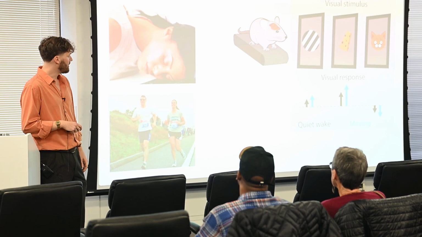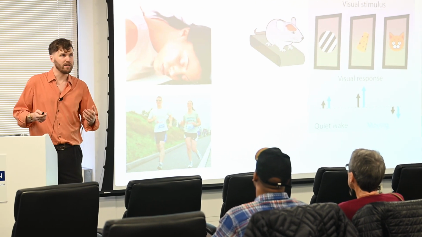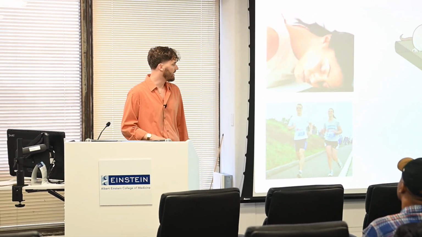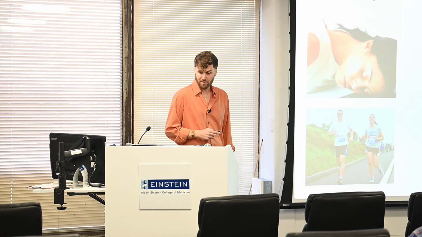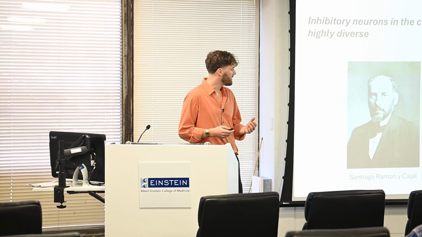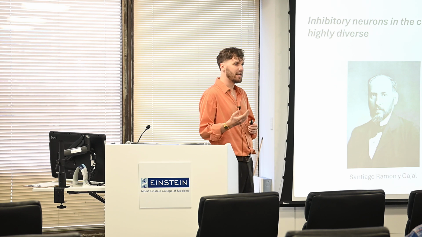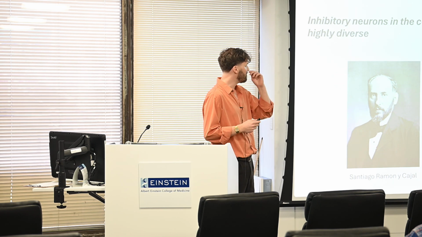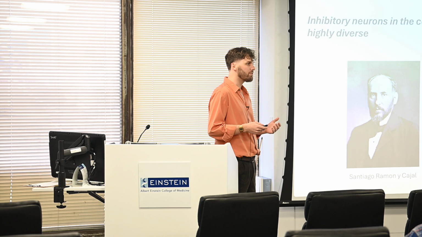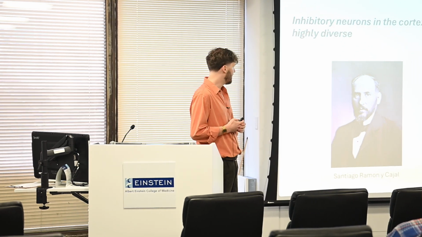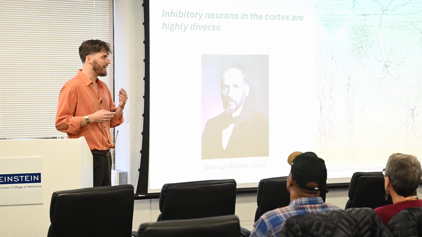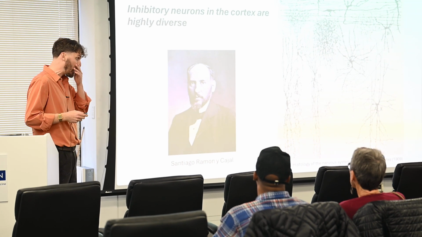Our lab really is interested in understanding more about the underlying circuitry that produces these different changes. In order to do that, we focus a lot on this inhibitory diversity, which I mentioned. We've known for a really long time that the different cells in the brain come in many different shapes and sizes.